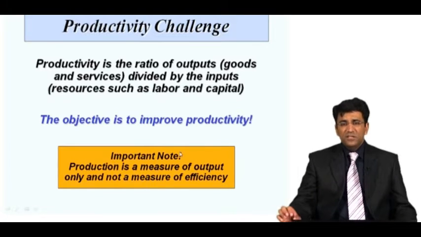Now if we compare this definition of productivity in terms of efficiency and effectiveness with the ratio of output to input, efficiency actually relates to the input and effectiveness actually relates to the output. So this is the way we can relate the combination of efficiency and effectiveness with this ratio of output to input. And ultimately the objective in any organization is to improve productivity.